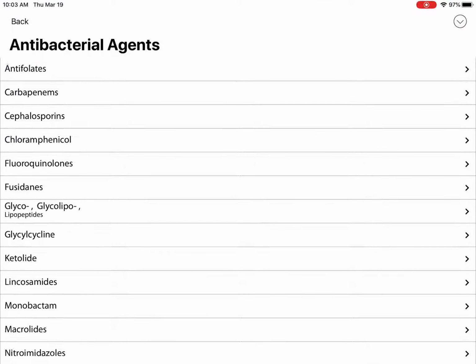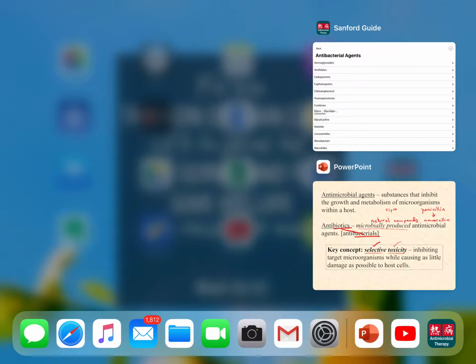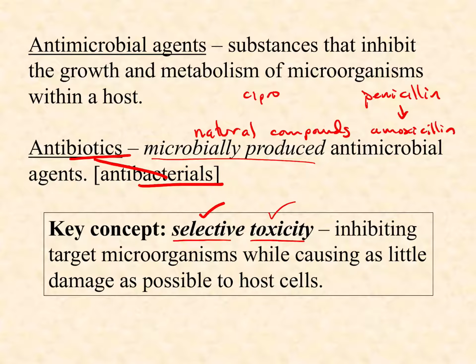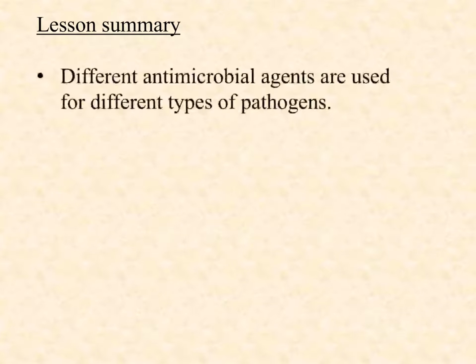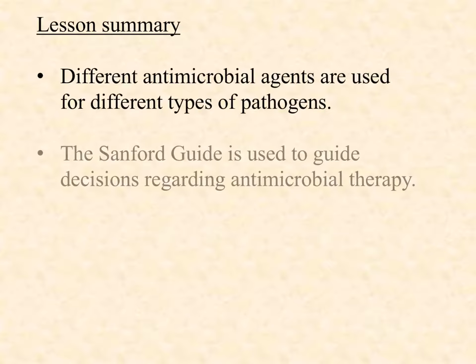Okay, let's go back now to our PowerPoint and wrap up this particular lesson. So to summarize what we just talked about, different antimicrobial agents are used for different types of pathogens, and you should get familiar with those different categories, because the antibiotics or the antimicrobials within one particular category typically are not going to be useful for pathogens that fall into one of the other categories.